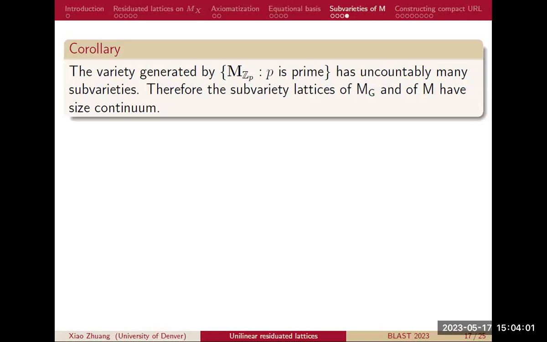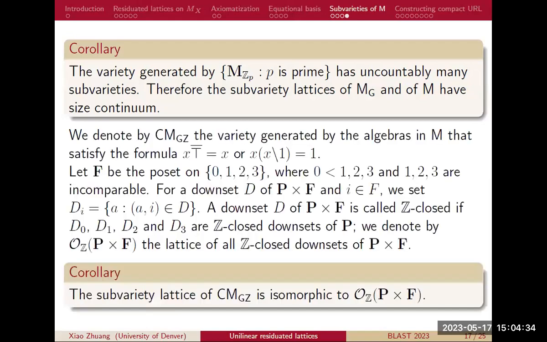Even the class M sub ZP, where the middle part is the form group ZP, already gives us uncountably many subvarieties, because in the downset of the lattice we just mentioned, all the downsets inside it are sub-downsets, isomorphic to the power set of M. And of course, it will result in subvarieties of G and M of the size continuum.